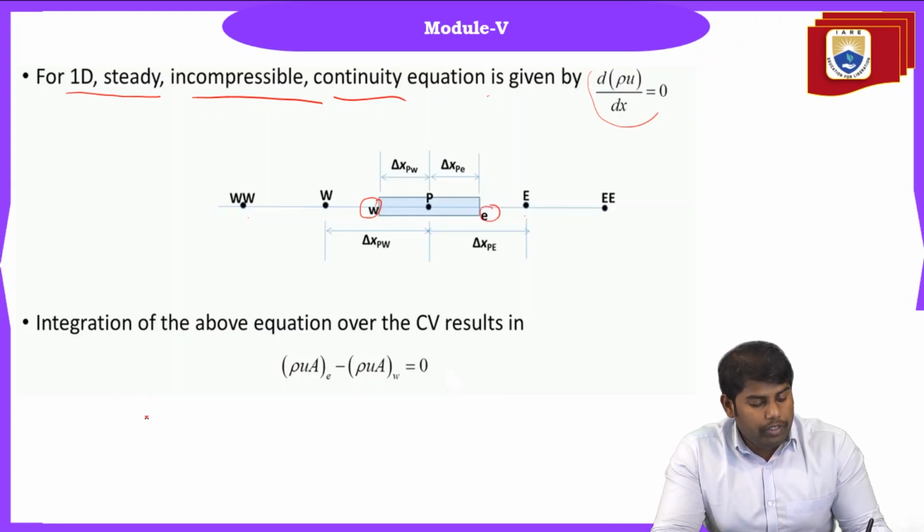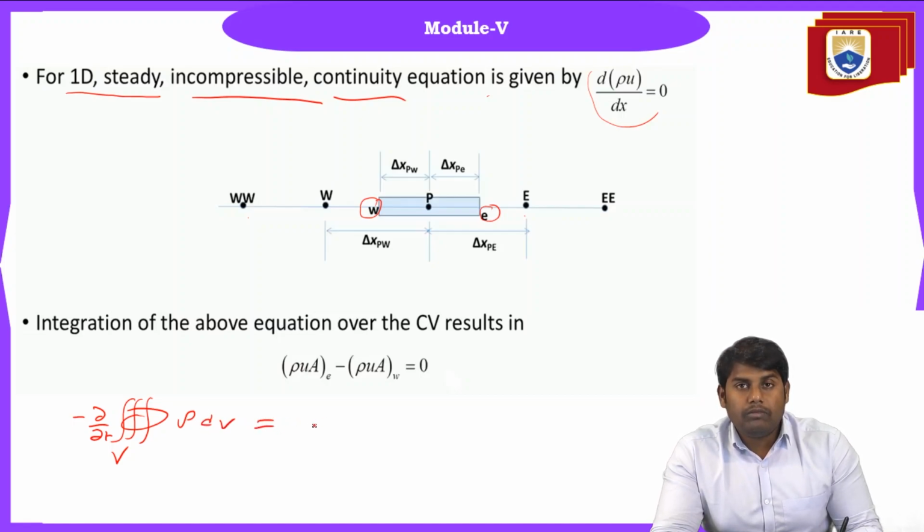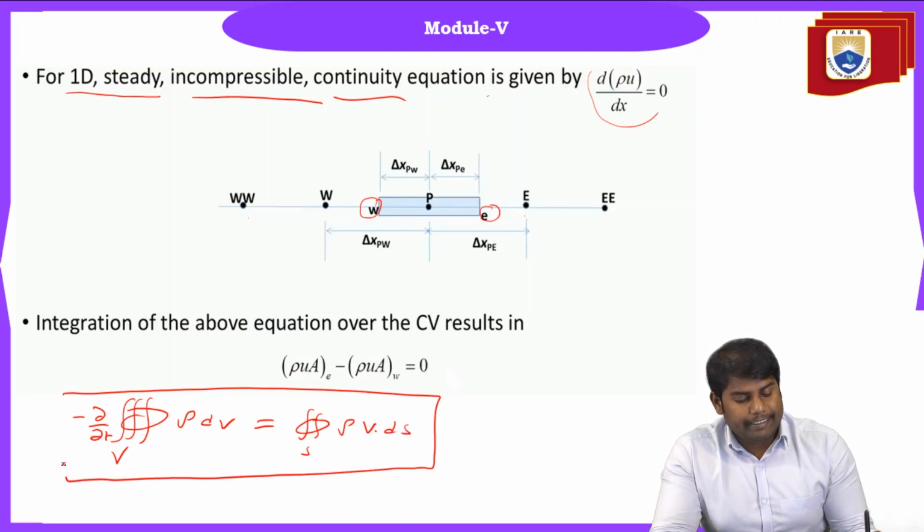The integral form of the equation is: the rate of change of flow inside the control volume, rho dV, will be equal to the surface integral of rho v dot dS. This is the basic continuity equation.